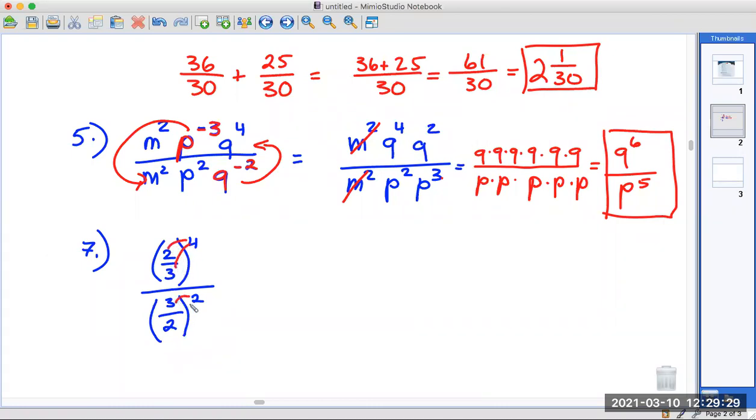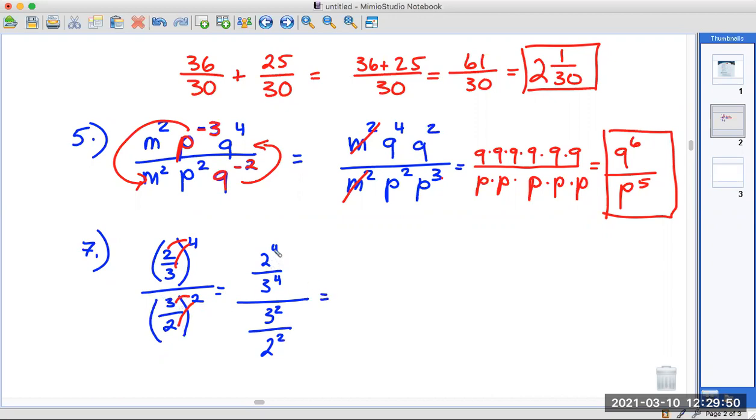You're showering the exponent down. So the outside of the parentheses gets dealt with first. So now we have 2 to the power of 4 over 3 to the power of 4. And that's 3 squared and 2 squared, because the power goes to each one.